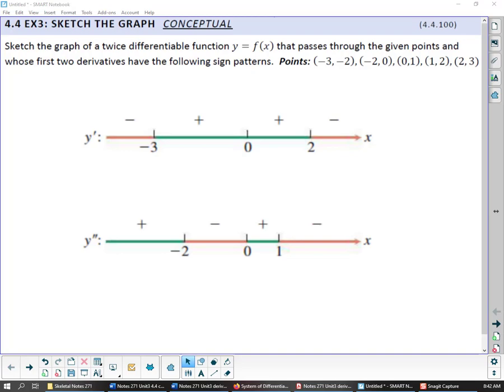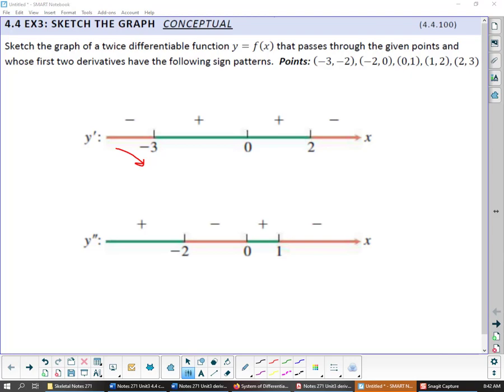All right, so it's going to pass through these 5 given points: (-3, -2), (-2, 0), (0, 1), (1, 2), and (2, 3). So let's focus on what we know about the first derivative here. Now, a negative first derivative means we are going to be decreasing.